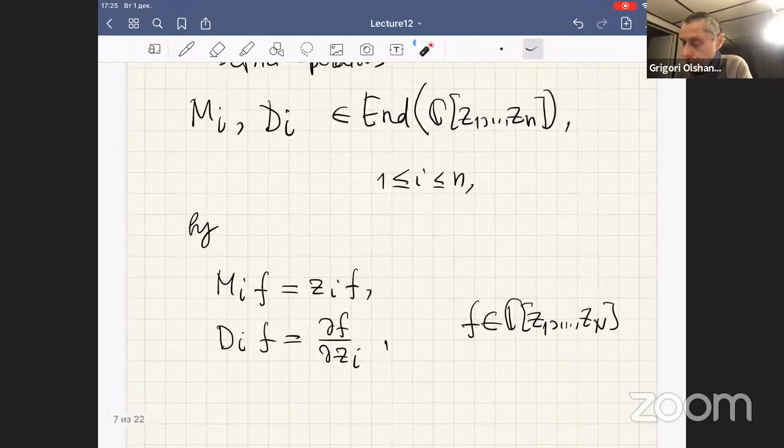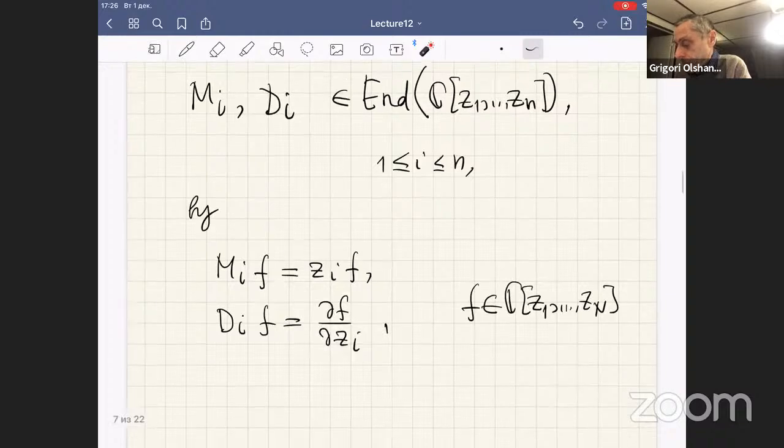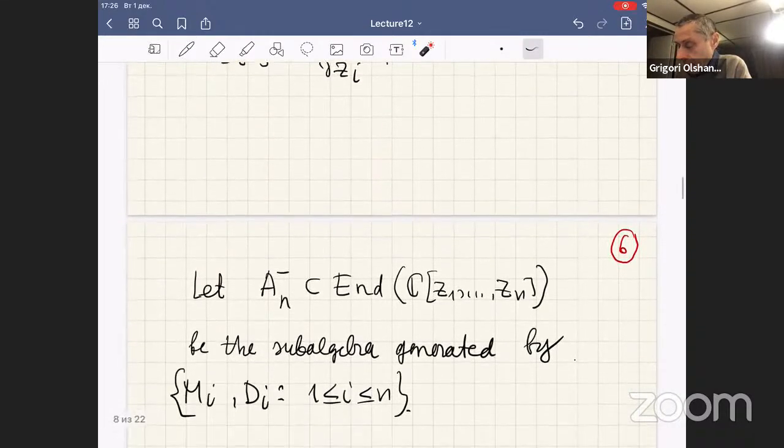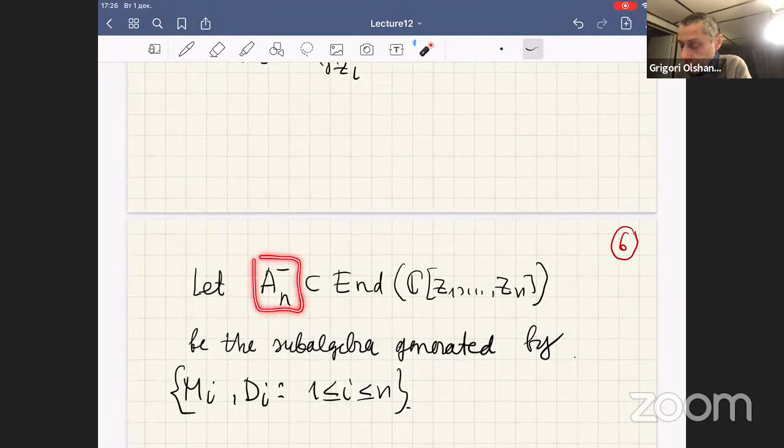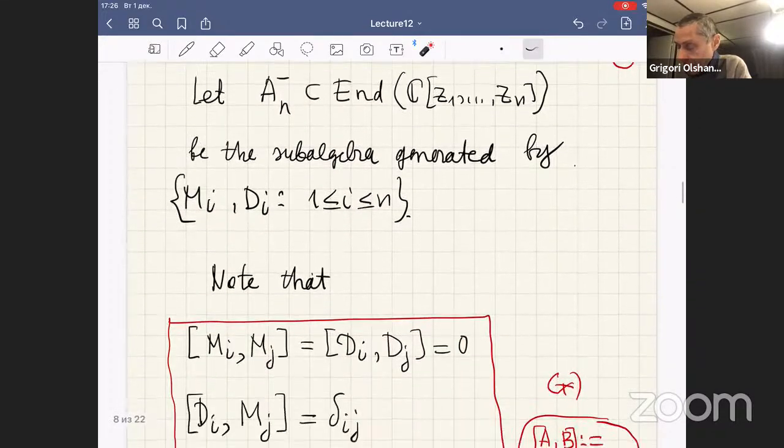And the definition is very simple. This is multiplication by a variable, and this is partial differentiation with respect to the same variable. And these are operators on the space of polynomials. And this is my notation for the subalgebra of operators on the space of polynomials which is generated by these operators m and d.